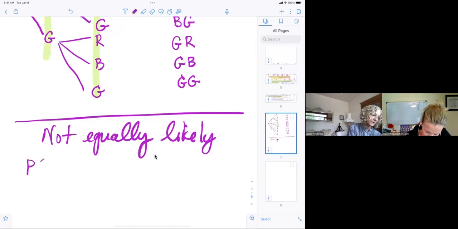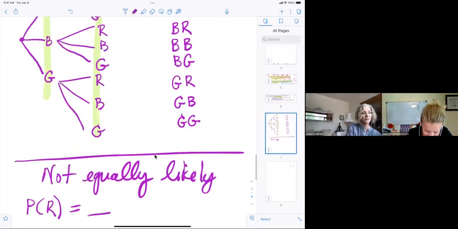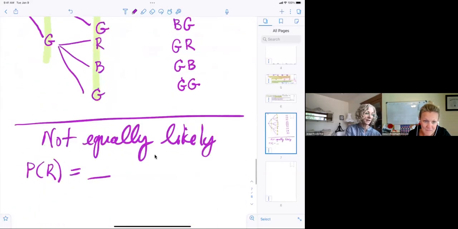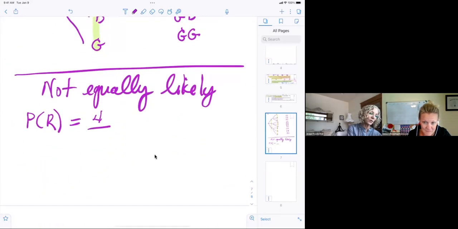the probability of drawing a red, how many marbles are there total? There's 4 plus 3 is 7 plus 5 is 12. So 4 red, 3 blue, 5 green. So out of the 12, there's 4 red marbles. So the probability of drawing 1 red marble is 4/12.